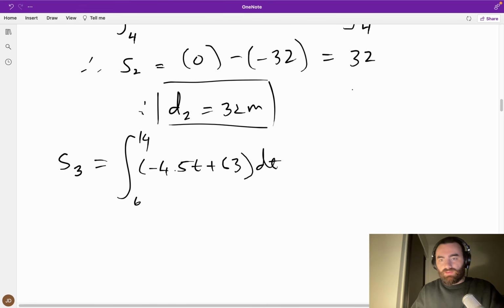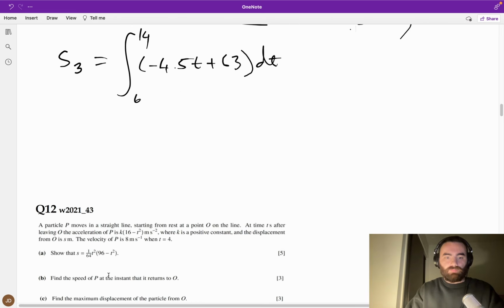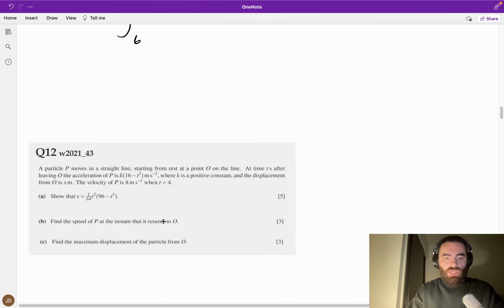Again, if v equals minus 4.5t plus 63, then ds by dt equals minus 4.5t plus 63, times through by dt gives us that. Then when we integrate both sides, this is s, and we get that, and that's where this comes from. Need a bit more space.